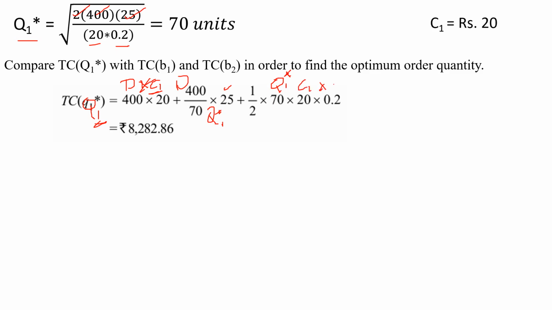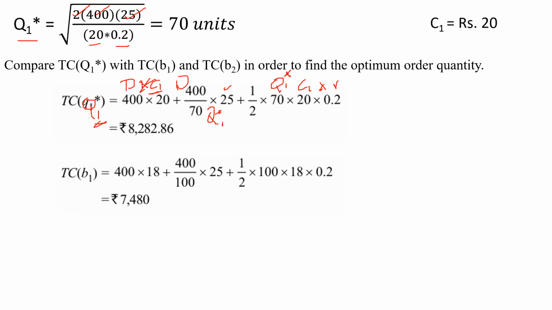So we will get the total inventory cost at Q1 star as 8,282.86.